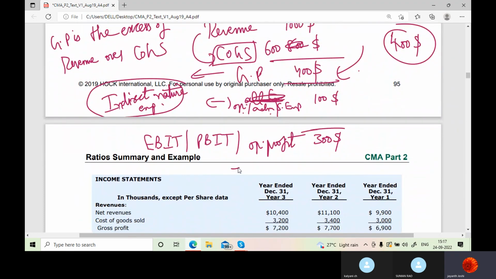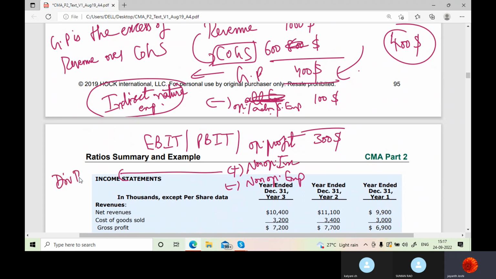So now you add your non-operating incomes to this, subtract non-operating expenses. What do you mean by non-operating incomes? Incomes which you do not earn from your business operations, like dividend received, like interest received. Dividend you receive from shares or stocks, correct? Interest you receive from bonds.